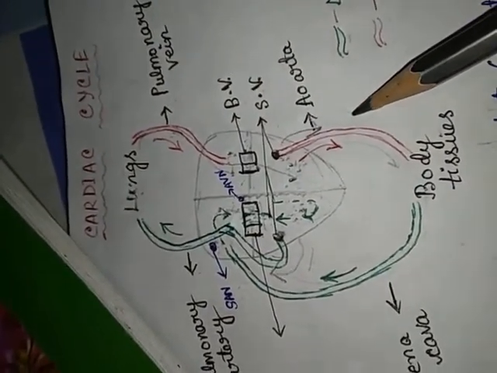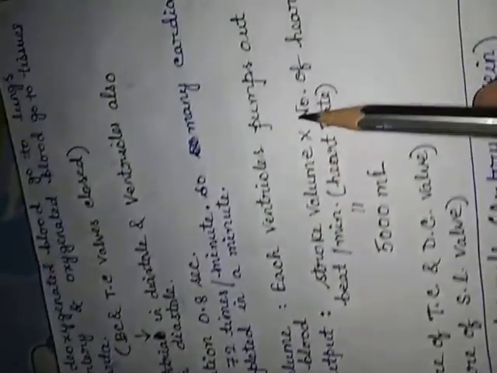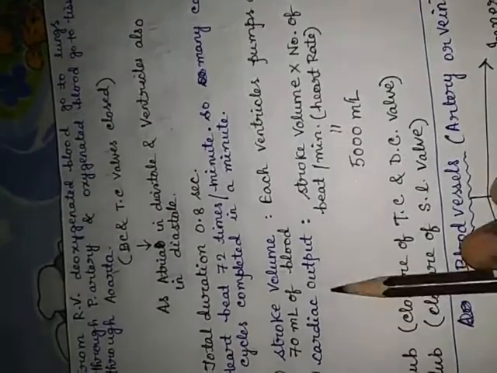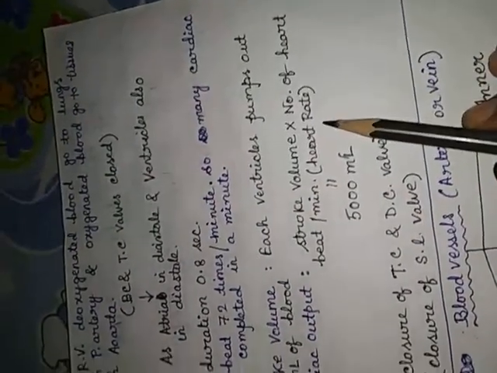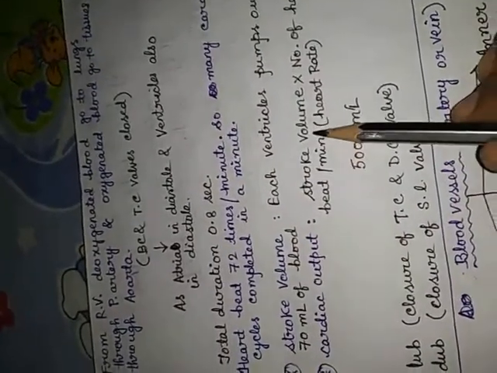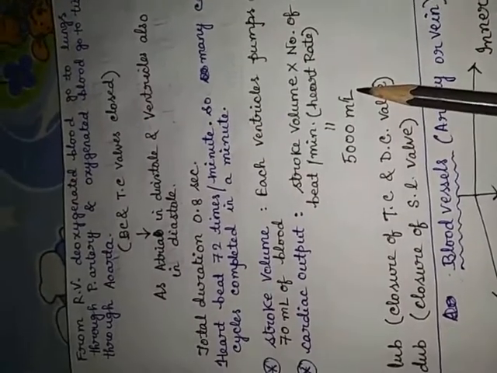This is the stroke volume. Okay, and when we multiply it by the number of heartbeats per minute, it gives the cardiac output. So cardiac output means stroke volume times heart rate. And if we multiply this, stroke volume of about 70 ml times heartbeat, it is approximately 5000 ml or 5 liter of blood.